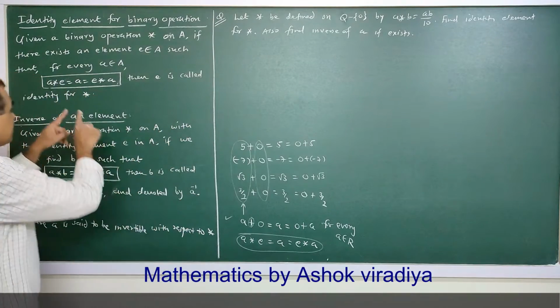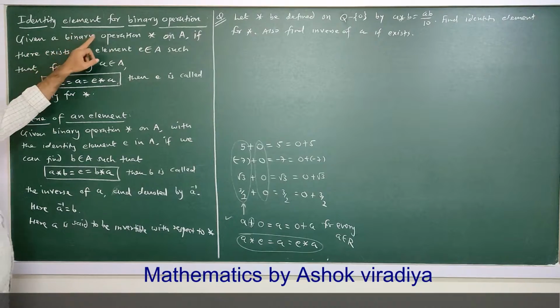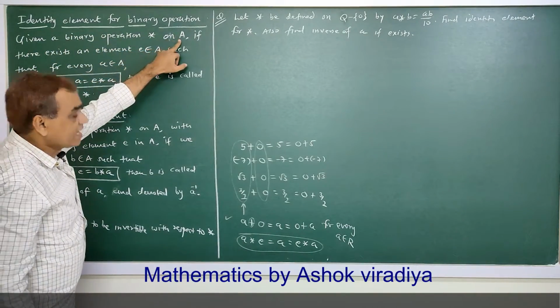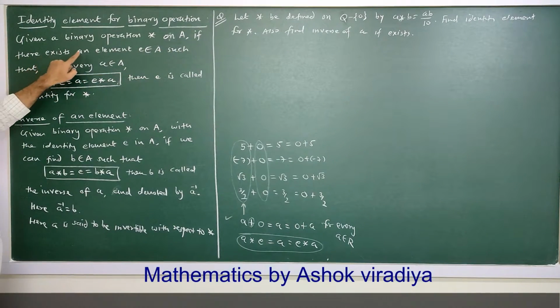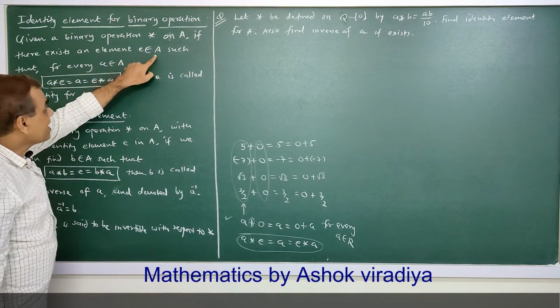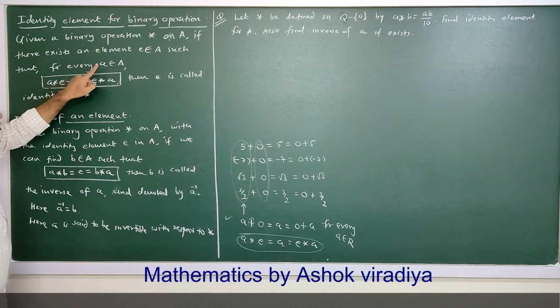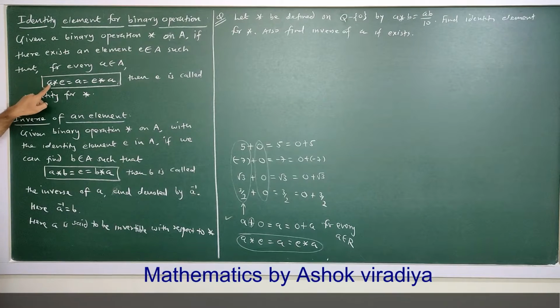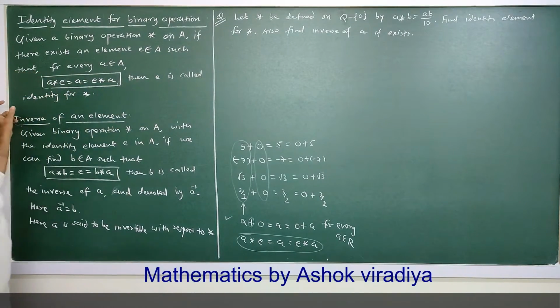So if this condition is satisfied, given a binary operation star on A, if there exists an element E in A such that for every A belonging to A, A star E is equal to A is equal to E star A, then E is called identity for binary operator.